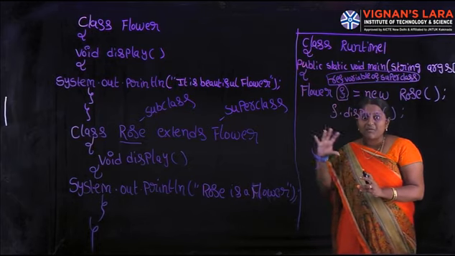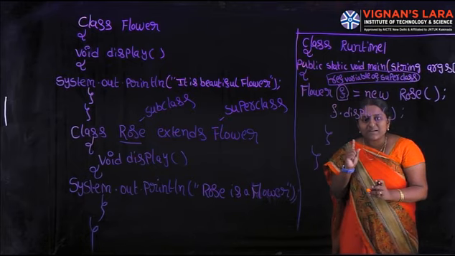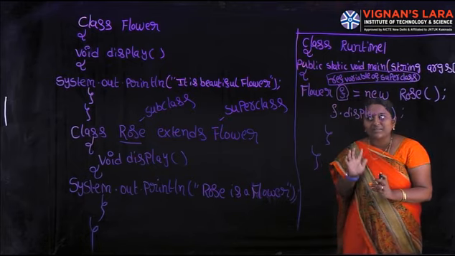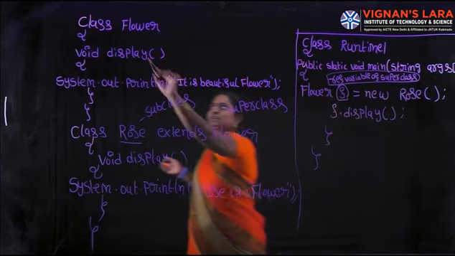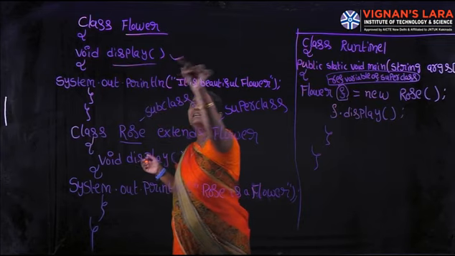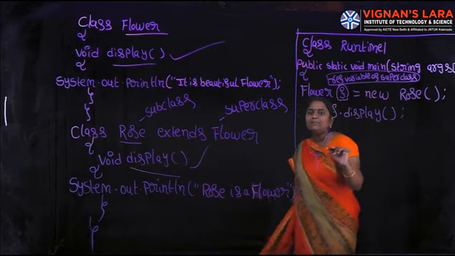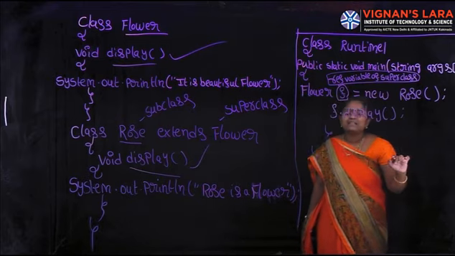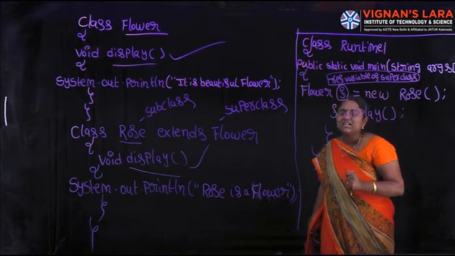But at runtime, the JVM will check whether the methods participate in method overriding or not. In the superclass, I have defined the display method. In the subclass also I have defined the display method. If both the superclass and the subclass have the same method name, the subclass overrides the superclass method.